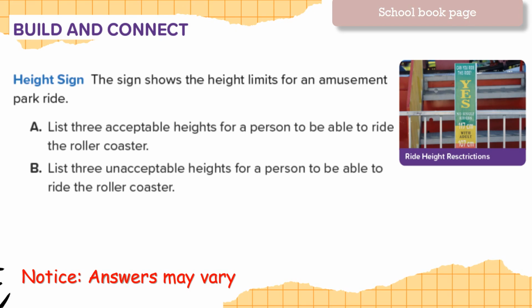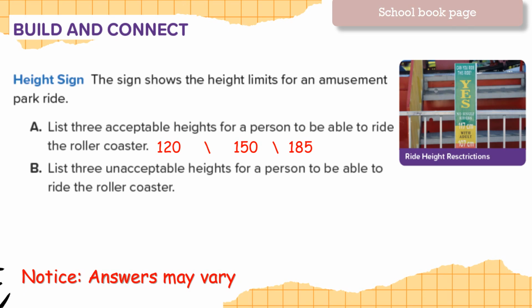In this exercise, the sign shows the height limits for an amusement park ride. In A, we need to list 3 acceptable heights. The sign shows that any height above 107 centimeters is acceptable, and any height below 107 is not acceptable. Now, to list 3 acceptable heights, we need to write 3 numbers greater than 107, such as 120, 150, 185.